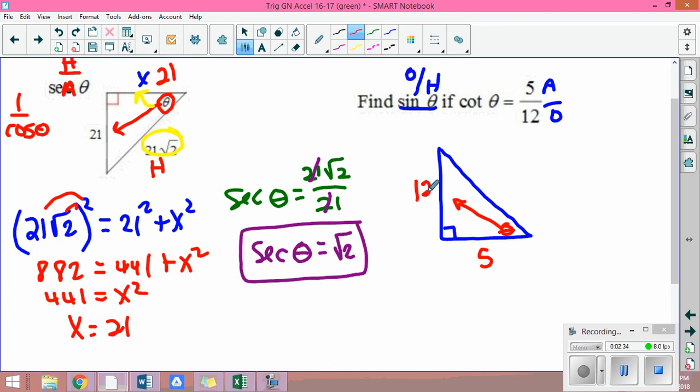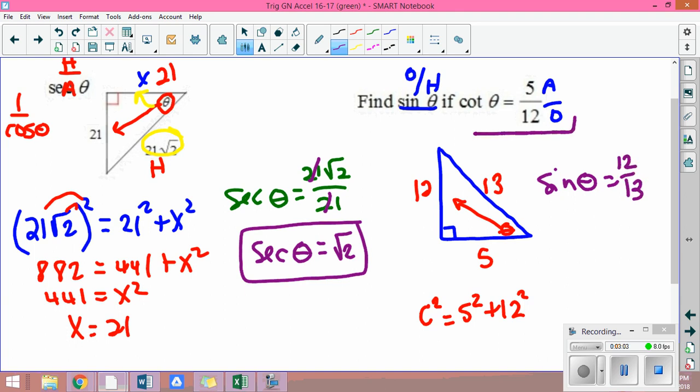We're missing our hypotenuse. So you can either find it with the Pythagorean theorem, or if you recognize 5 and 12 as one of your Pythagorean triples, then you know that this is 13. Once you've created your triangle, then it's easy to see that the sine of theta is 12 over 13.